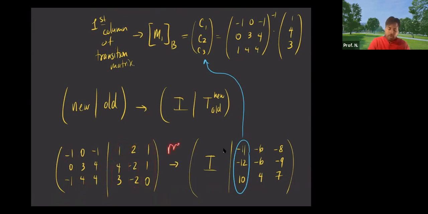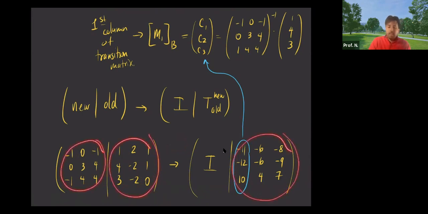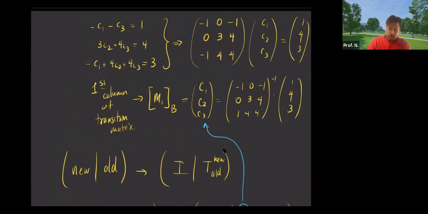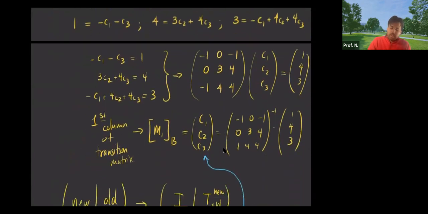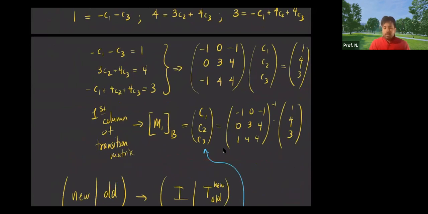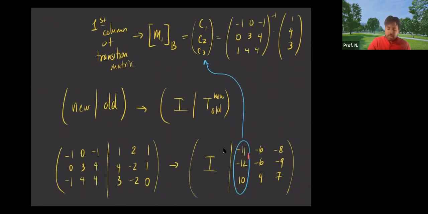I perform row reduced echelon form upon this. Boom. I get the transition matrix from the old basis to the new basis. I get it immediately. Instead of having to do all of this, you see how much time and effort I spent just to write the first system of equations down. So this will just give me the first column.